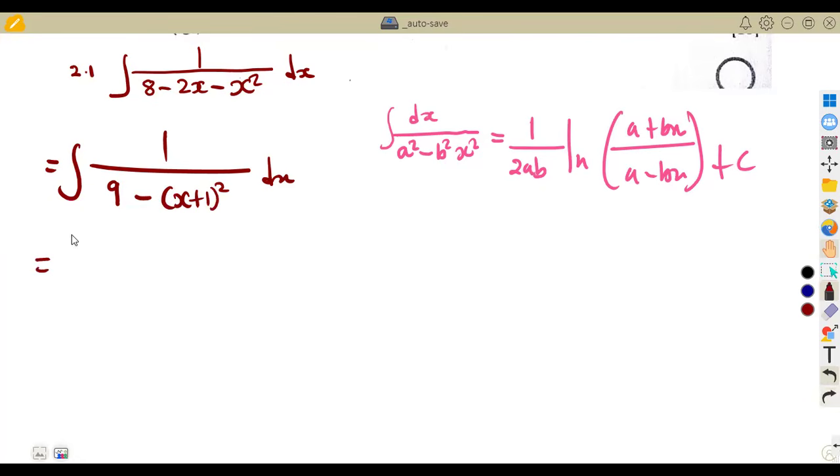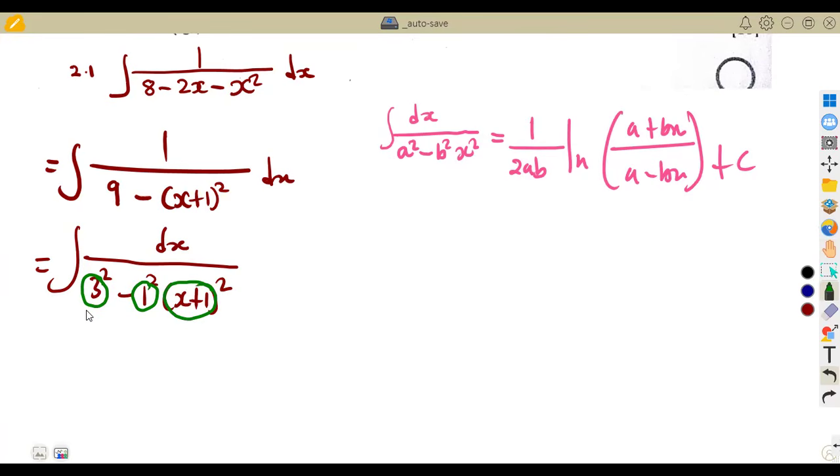So this is exactly the same format as writing dx over 3 squared minus 1 squared into the bracket of x plus 1 squared. We're writing it this way so that we can properly see this is our a squared, this is our b squared, and the whole of this part represents your x. So you've got your a, your b, and your x, and you're just going to substitute into the formula.